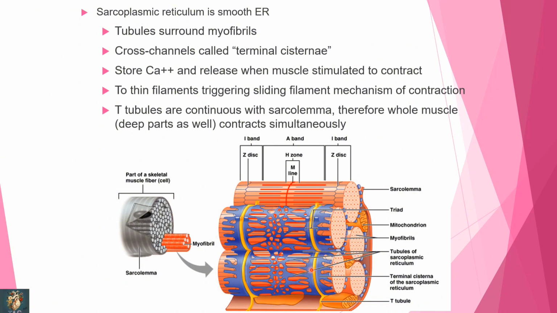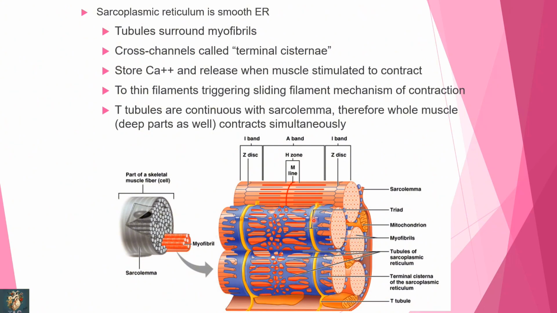Also very important is the plasma lemma, which forms a transverse tubule or T-tubule, which is present over here. It goes deeper into the muscle myofibrils at all the levels, and the collection of these two cisternae with the T-tubule in the center forms the triad.